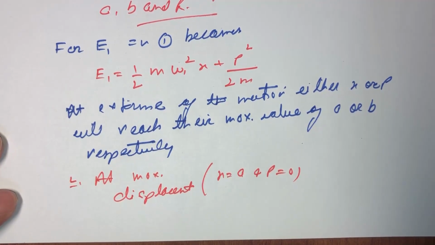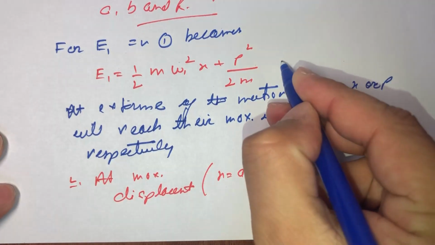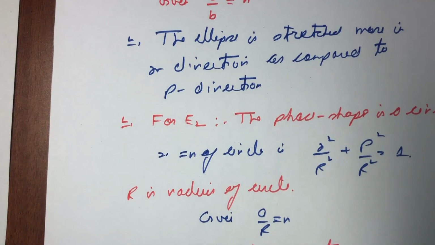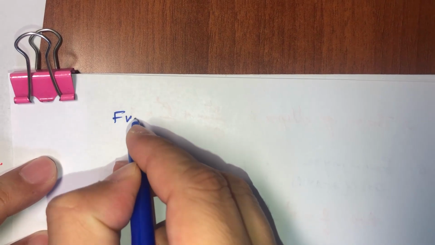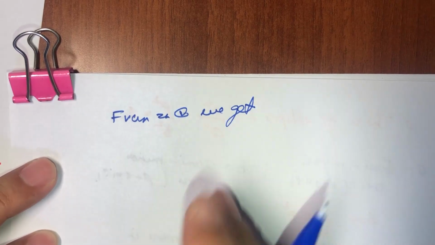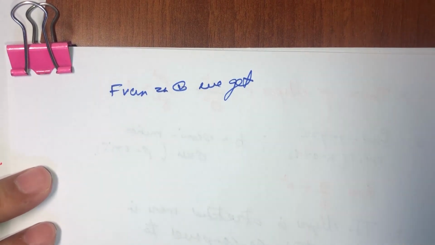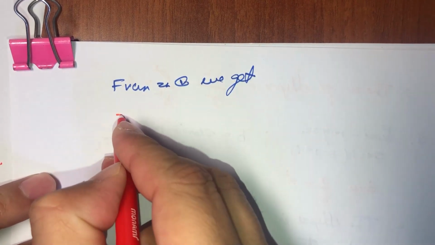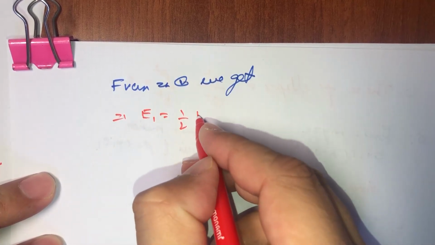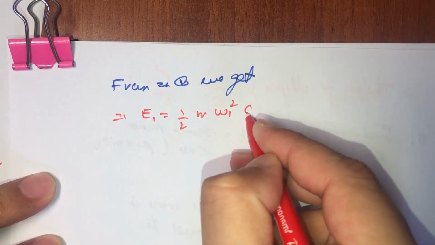Okay, so therefore we can modify this equation, this E1. Let us call this now equation number 2. So from equation 2, we put p as 0 and x equal to a. So this gives us that E1 will be equal to half m omega 1 square a square.